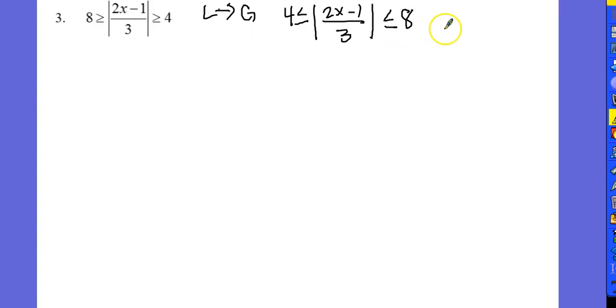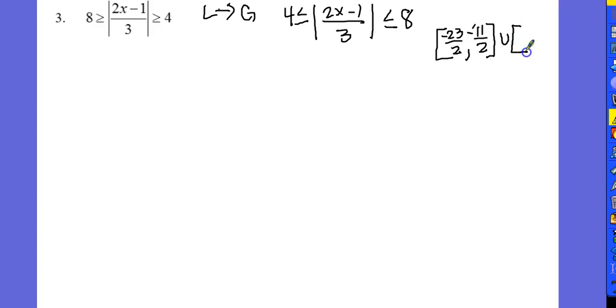The solution should be from, where'd I put my notes? Here we go. Inclusive negative 23 halves. And you should write this somewhere because I'm going to turn my computer off in a sec.